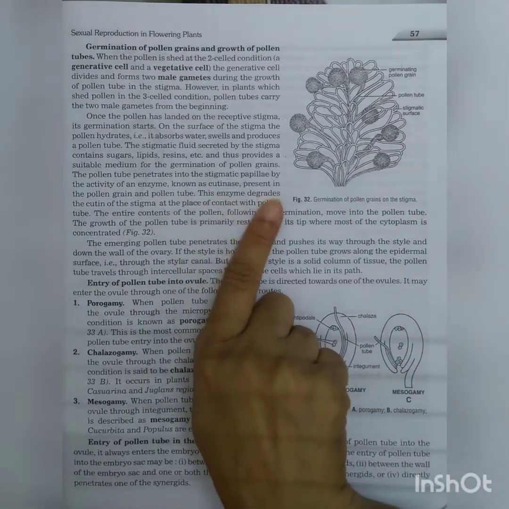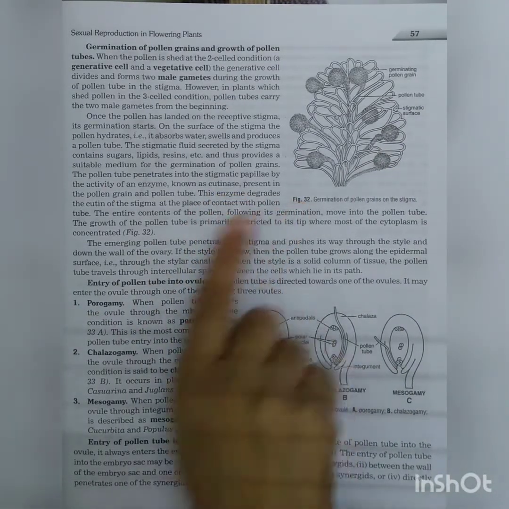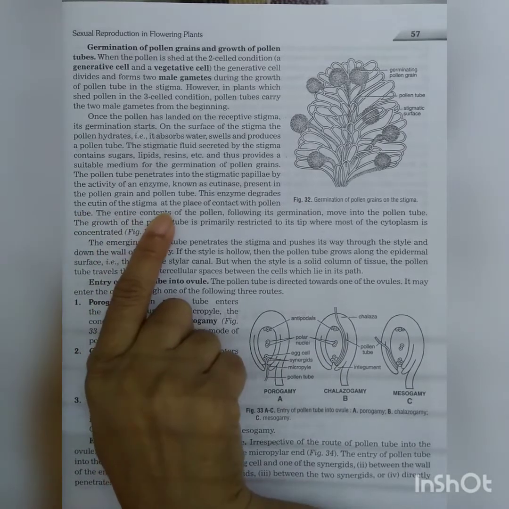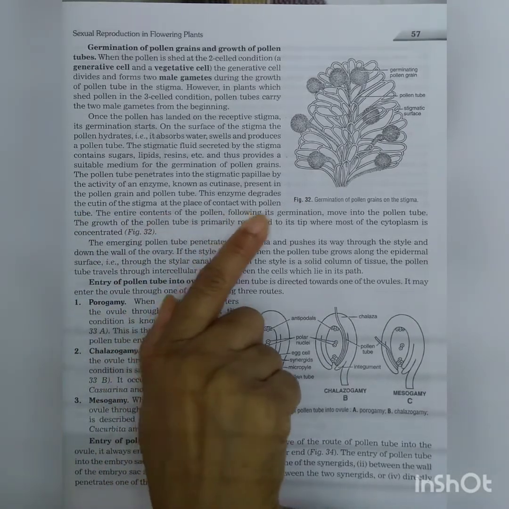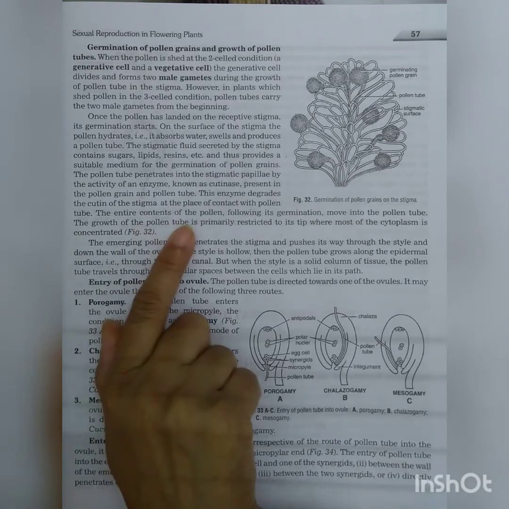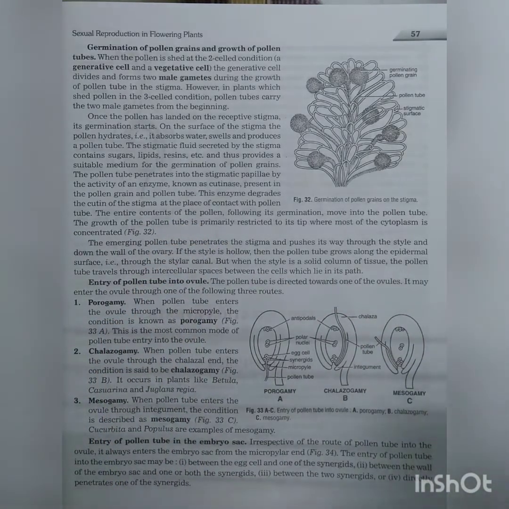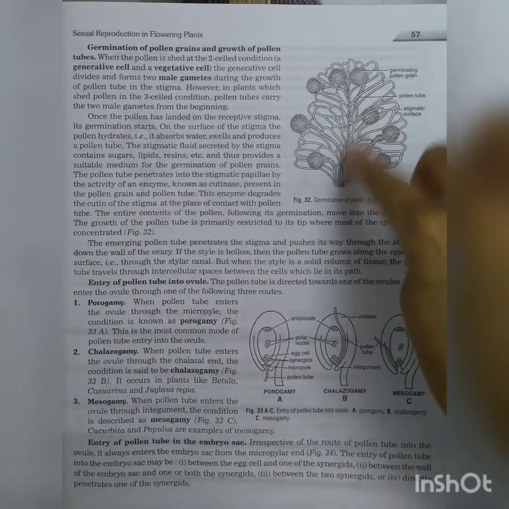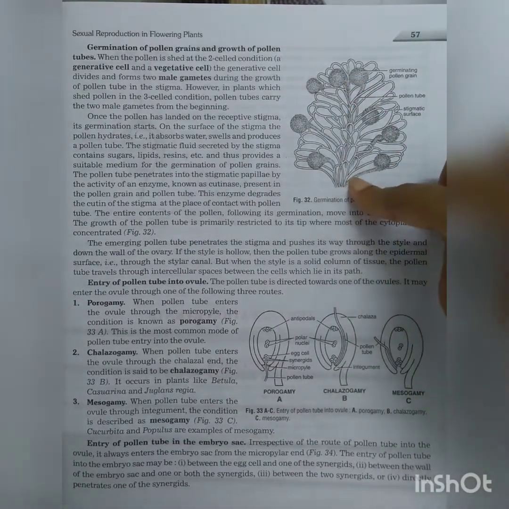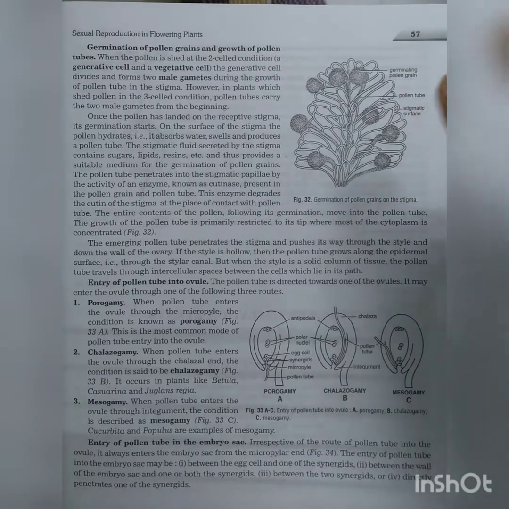Because of this, the cutin present in the stigma at the place of contact with the pollen tube is broken down, and the entire contents of the pollen go towards the style, from the stigma towards the style, moving into the pollen tube.